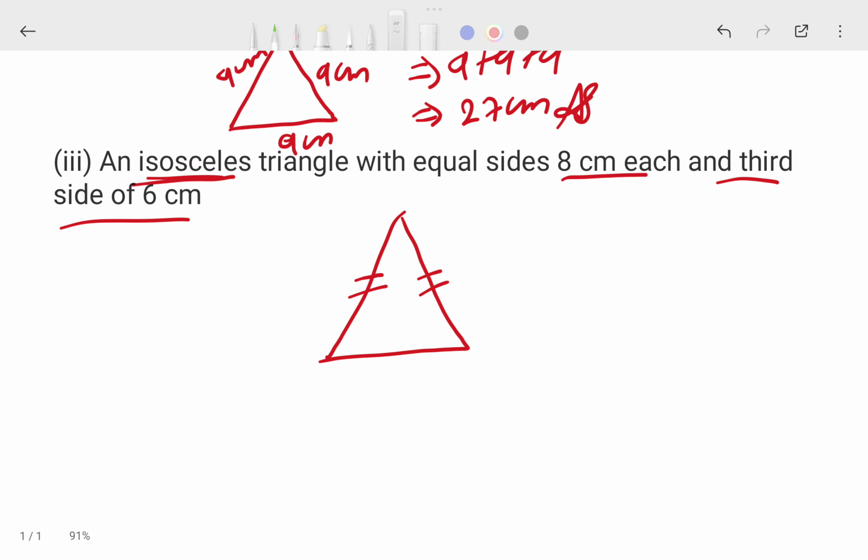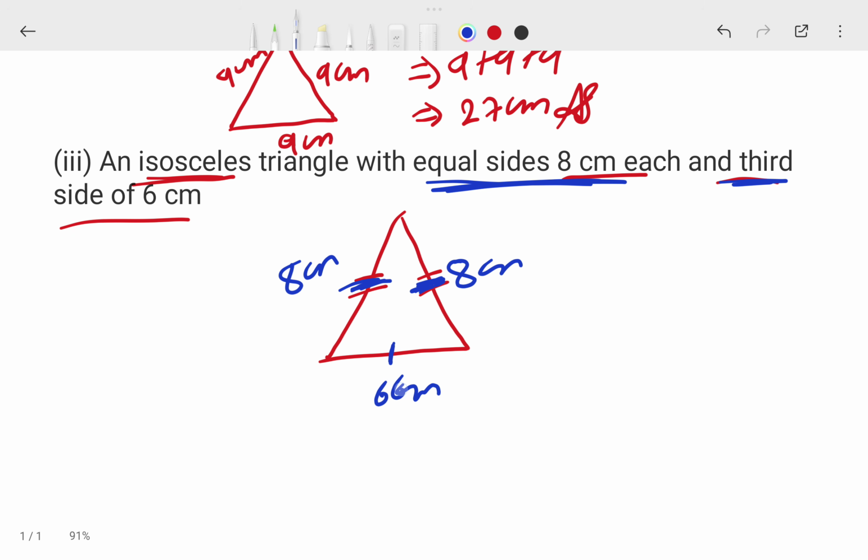So here in this question, the equal sides are 8. So this is 8 centimeter and this is also 8 centimeter. Let's suppose this is the first side and this is the second side. So what is the third side? The third side is 6 centimeter.